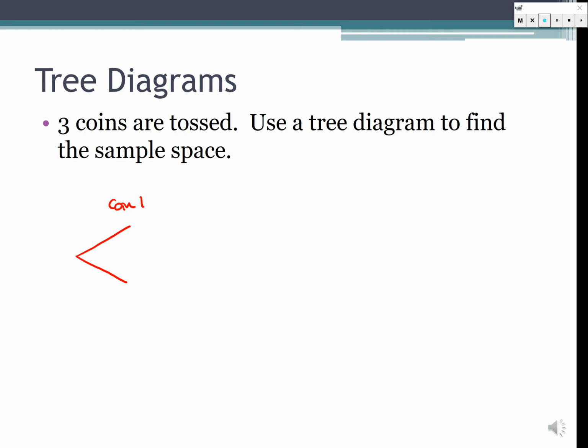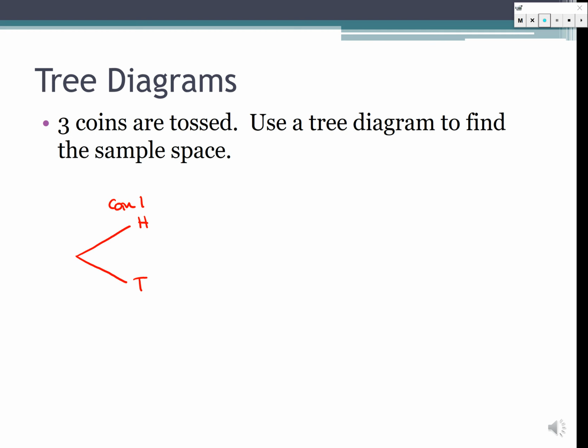It might not always just start with 2 branches. If the first thing I'm doing is rolling a die, I'm going to have 6 branches to start. So take a look at what your first event is. My first event is 1 coin out of the 3. Possible outcomes on coin 1, I could get heads, or I could get tails. It's a possibility for coin 1.